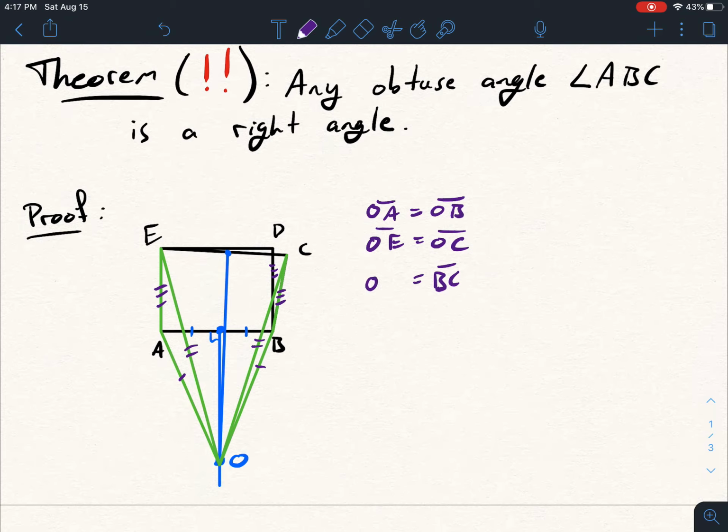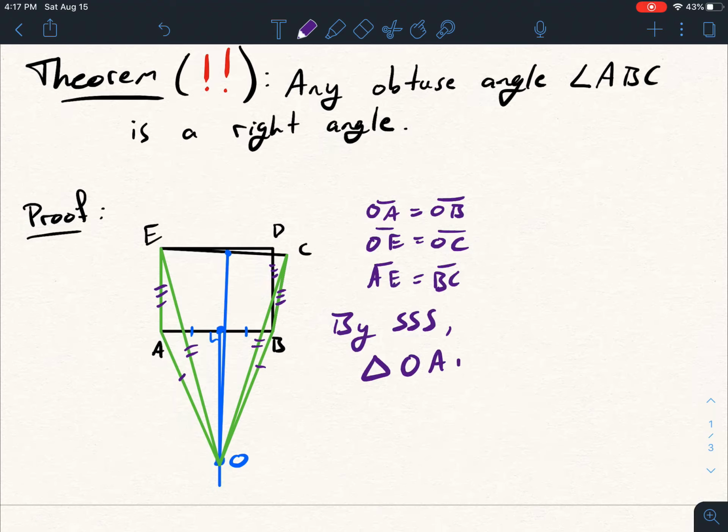BC is equal to AE. Okay, so I get that those three side lengths are all equal. And then by the side theorem for triangles, I get two congruent triangles.